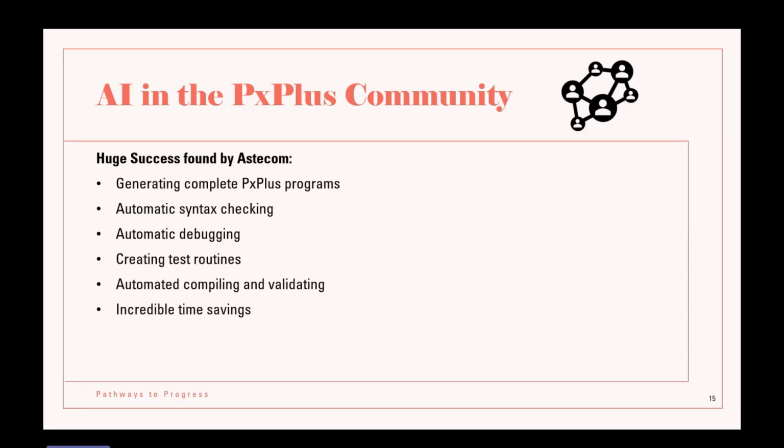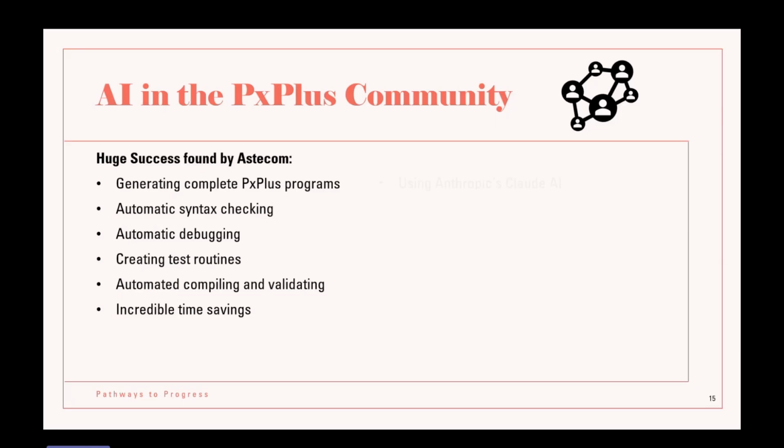So he said that they had it generate a complex bin packing algorithm that would normally take them several weeks to design and code. And with their AI code generation, they had it working within a single day. As of posting this, they haven't actually applied it to Nomads or PxPlus level IO, but for logic and algorithms, their time savings have been incredible, to say the least.